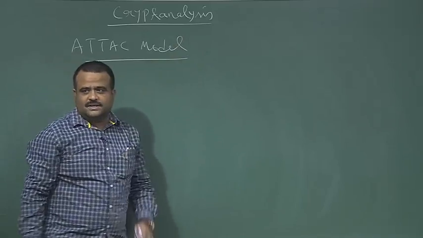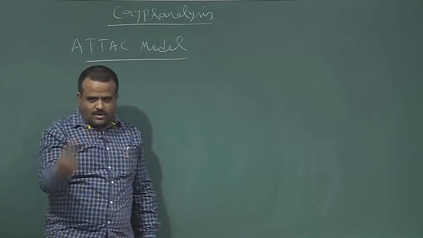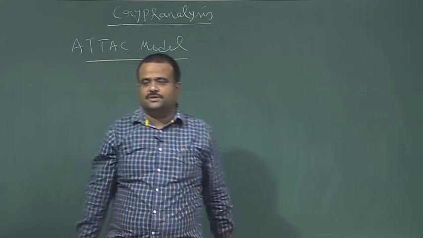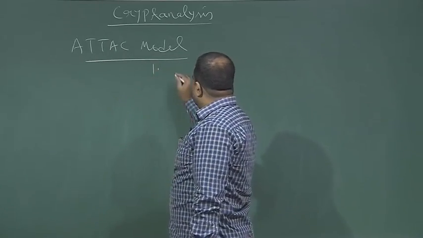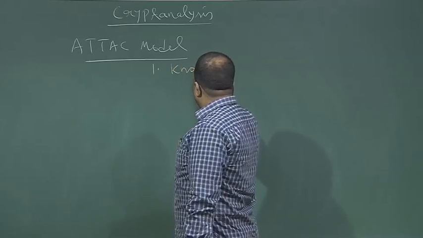There are usually 4 types of model, but there are some combinations of these also. One is the known plain text attack, known ciphertext attack.